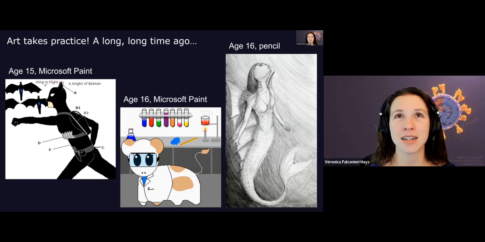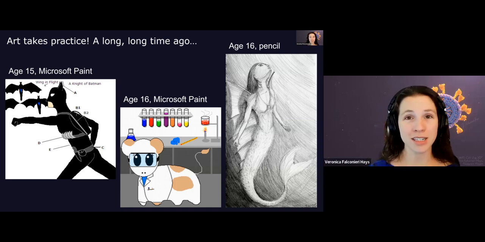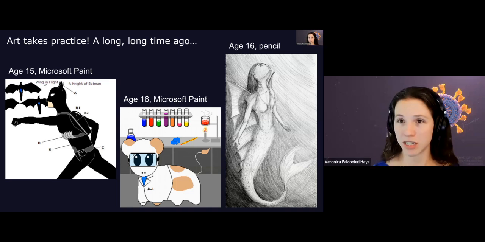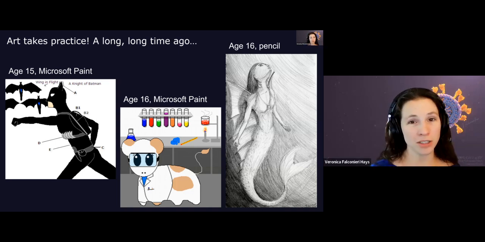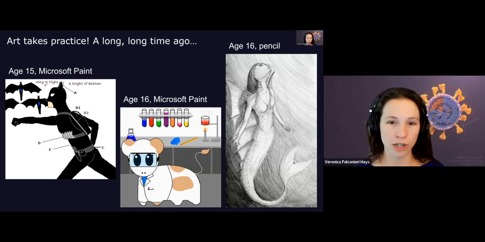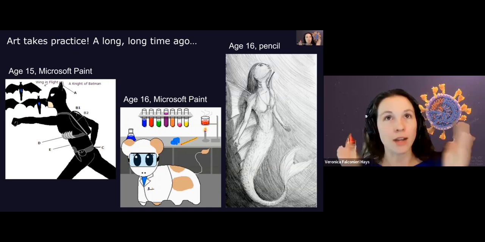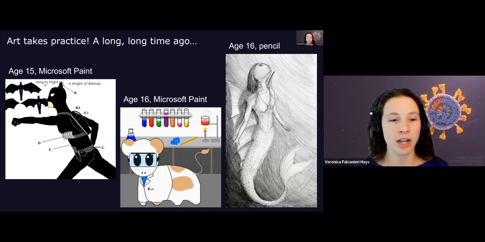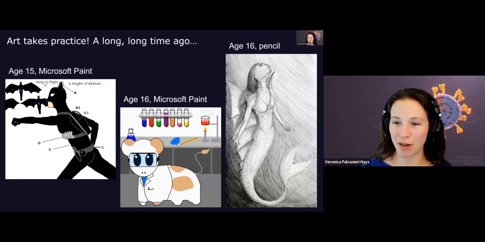And obviously my skills have increased since then, and I've also learned lots of different media, but it's been almost 20 years since I made some of these. So if you are thinking about a career in any sort of art or design, and you're thinking, oh gosh, I'm never going to be that good, I just want to put this in there for reference.